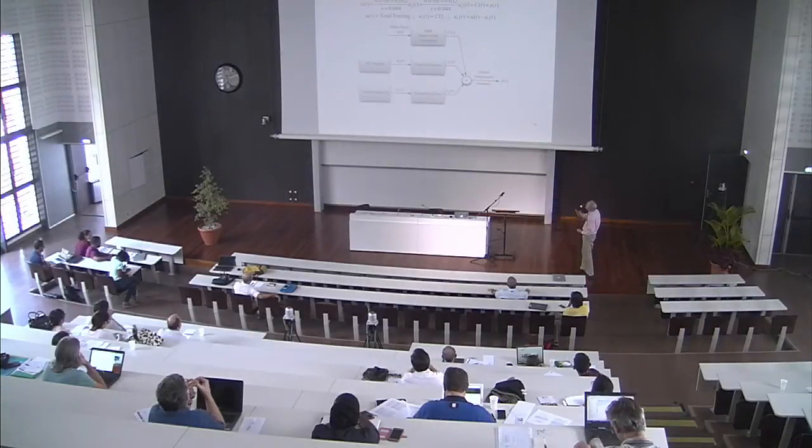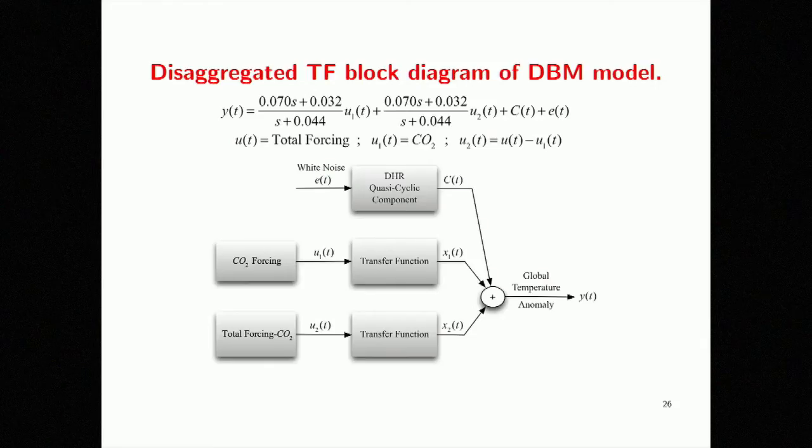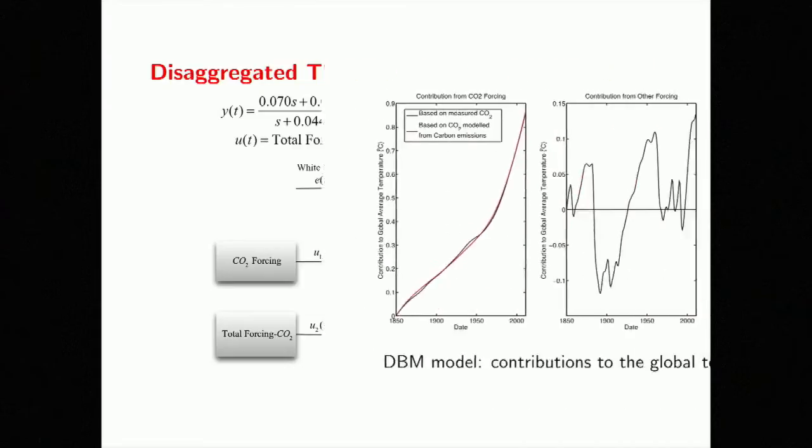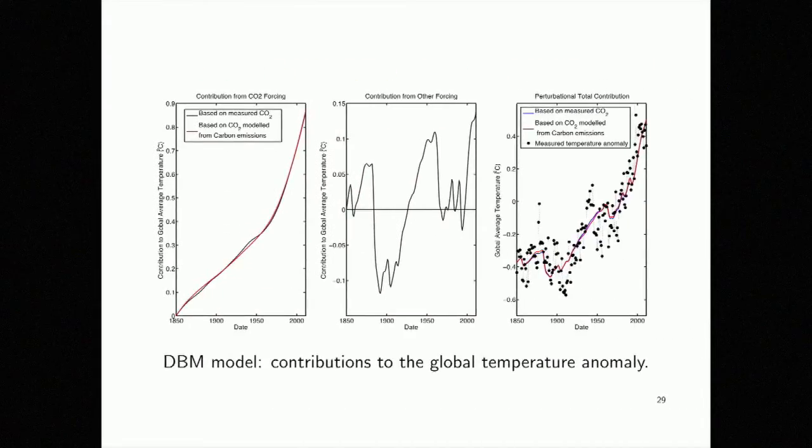Right. Here's the model at the top, and I've broken it down so that you can see the CO2 forcing and the rest of the forcing less the CO2. They both go through the same model, and I'm adding on the quasi-cyclic component that I've estimated, okay? So here then, on the left, is the component of the output due to the CO2.